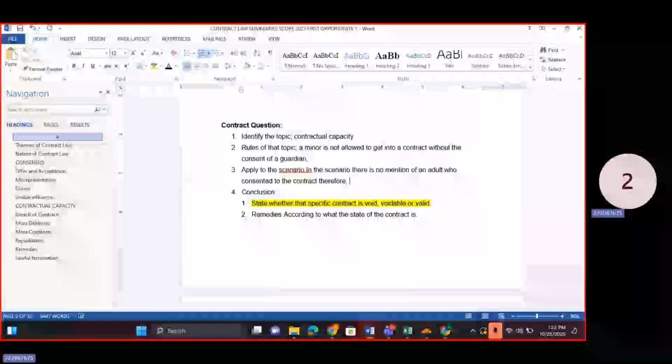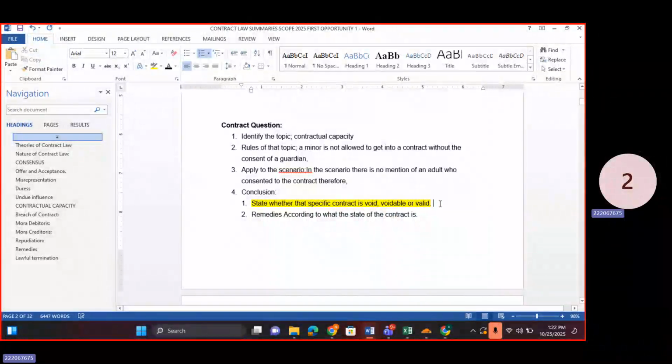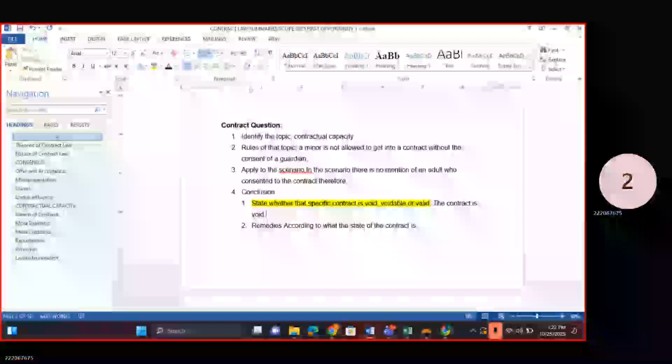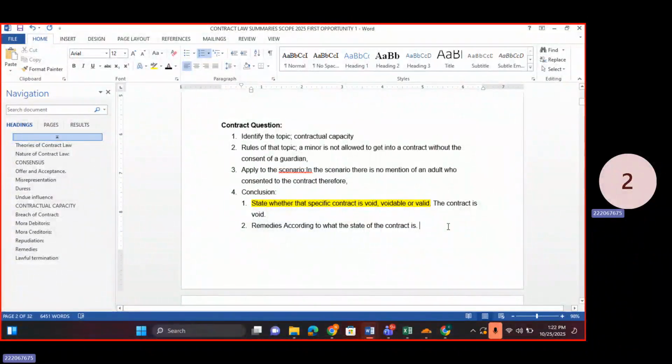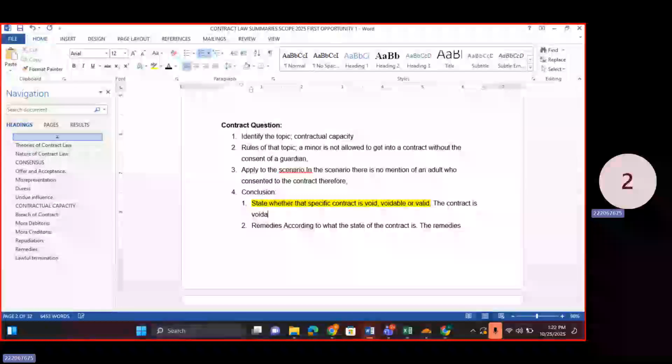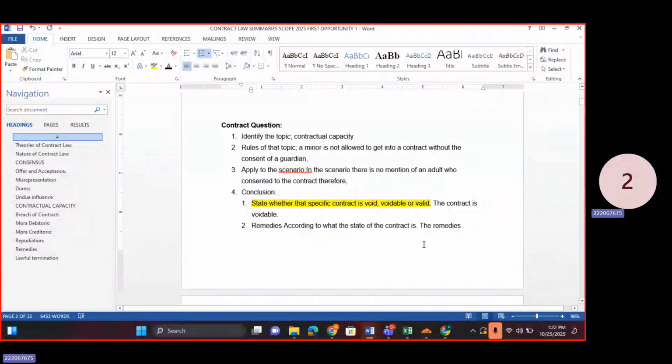Therefore, and this is where your conclusion comes in, the contract is void. And therefore, the remedies available to the 25-year-old is only the remedies, no, sorry, not actually void, but it's voidable. Don't worry, I'll explain later. It's voidable. The contract is voidable.